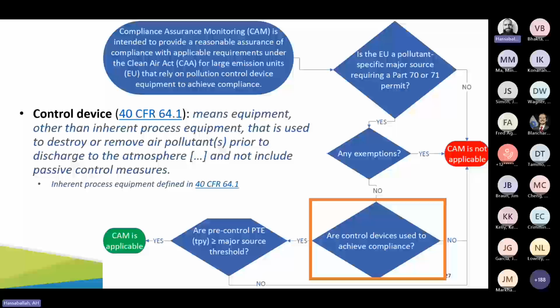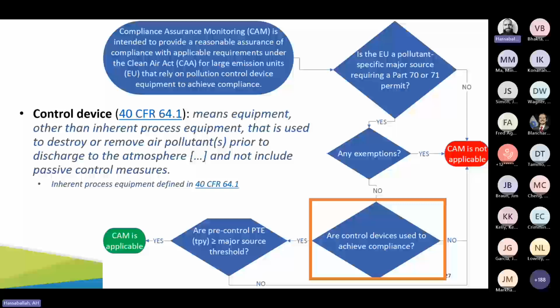We touched upon this early in the presentation, but it's a part worth visiting again. The second part is the control device, which, as previously defined, is equipment used to destroy or remove air pollutants prior to the atmospheric discharge. These are neither inherent process equipment nor passive control equipment.